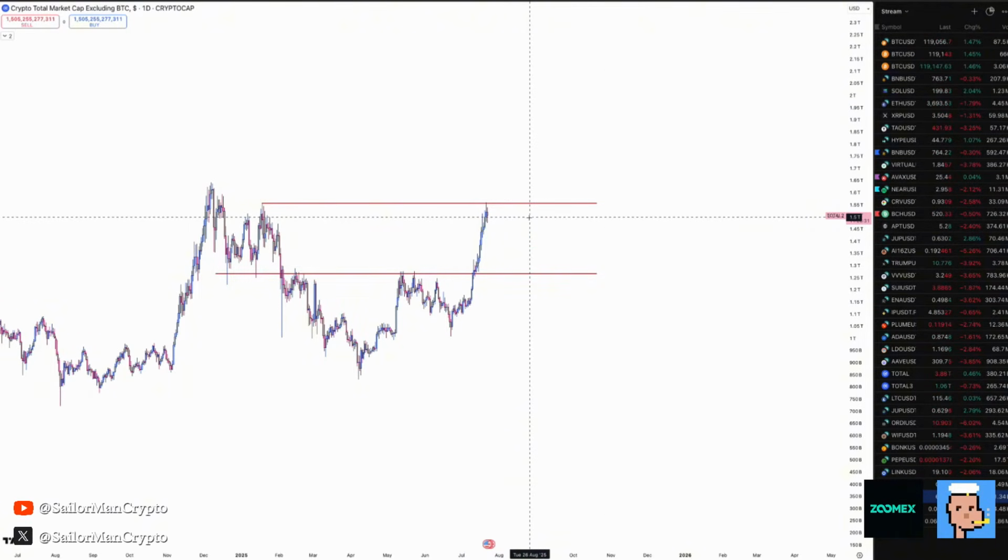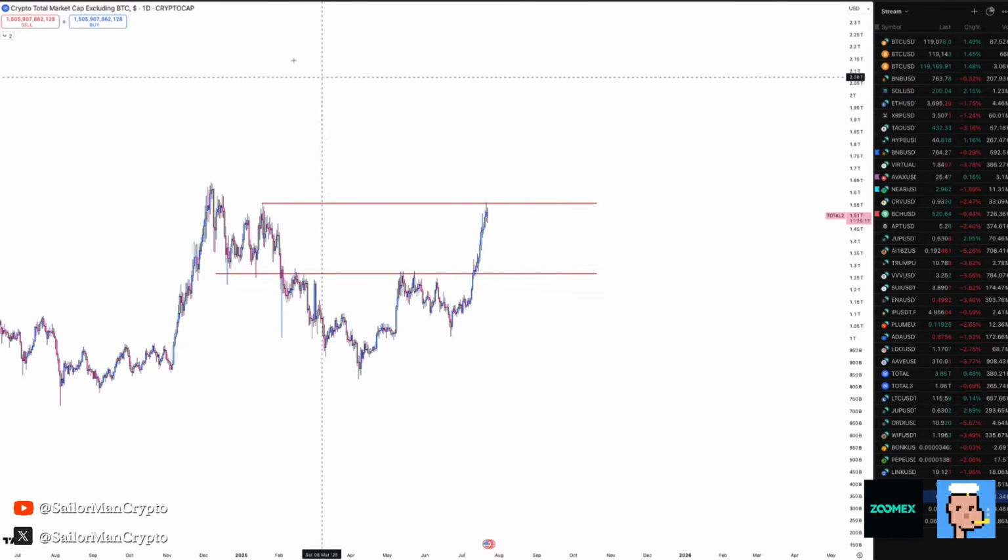So just to have in mind these four charts: Bitcoin, USDT dominance, Bitcoin dominance, and the total 2 chart. Then you can use total 3 and many other charts, but this is just to give you a general understanding of being more risky in some asset or less risky in some other asset.